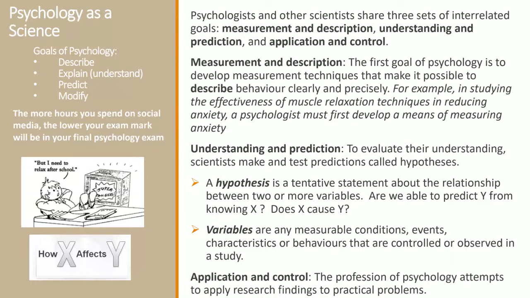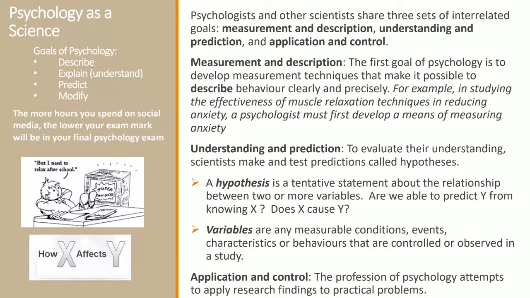Our variables are those things that we measure. They're the events or characteristics of behavior that are controlled in a study. So in the example given, our one variable is muscle relaxant techniques, and our other variable is anxiety, two variables. That's what we're going to use to test and measure in our hypothesis.